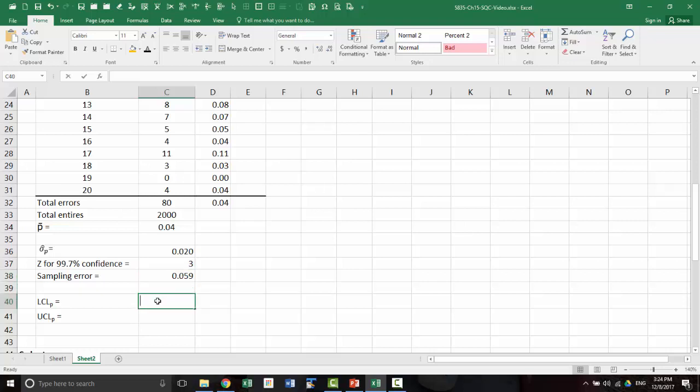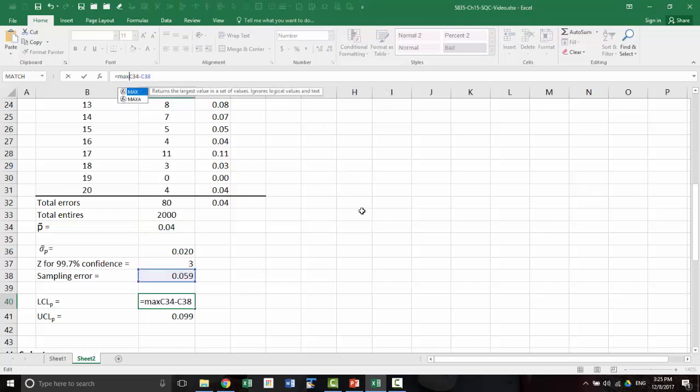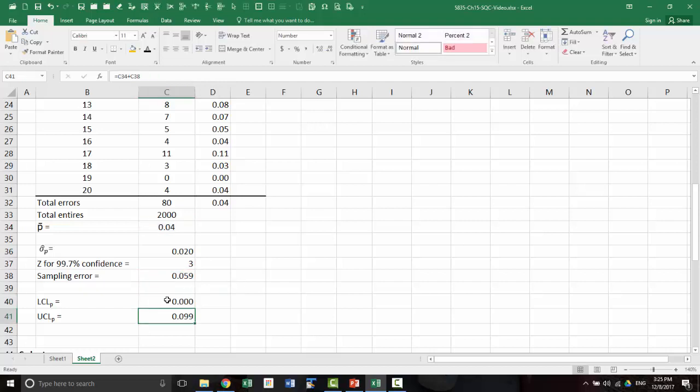Then P bar minus the sampling error gives you the lower control limit, and P bar plus the sampling error gives you the upper control limit. Of course this cannot be negative, so for the lower control limit the formula you should use is max of that or 0. If that happens to be a negative value, then you'll have 0.